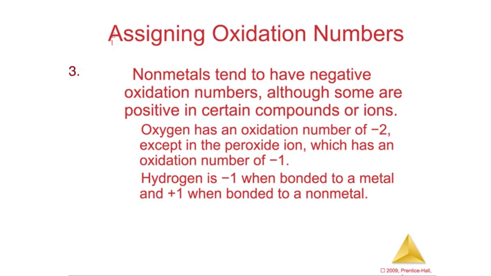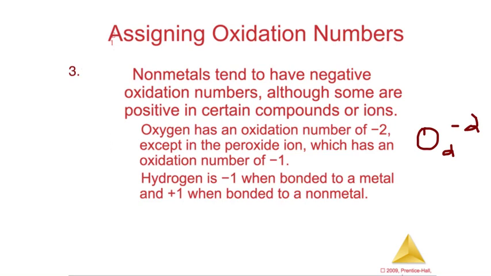Also important is that oxygen, similar to the charge of an oxide ion, is going to have an oxidation number of -2. That is, unless it is in a peroxide, in which case it is -1. The peroxide ion has a formula of O2 2-.